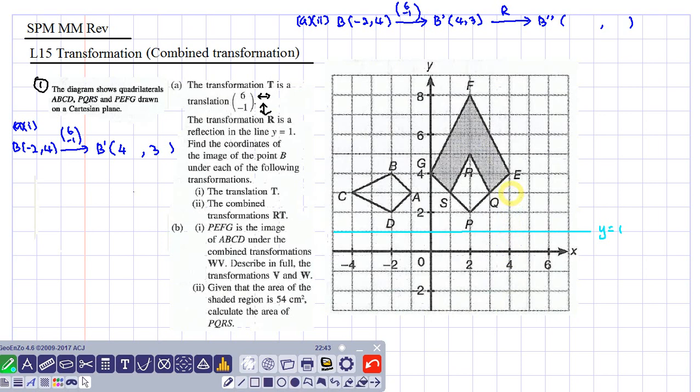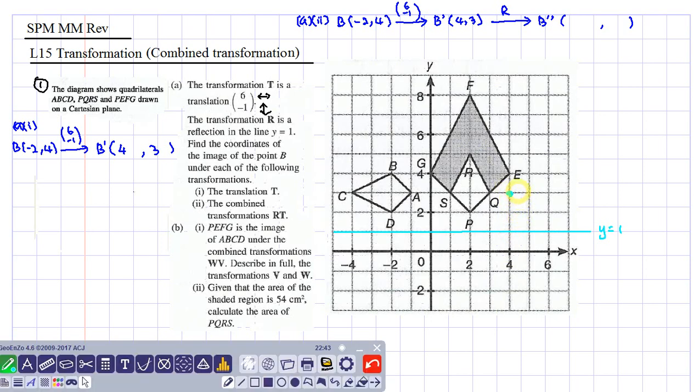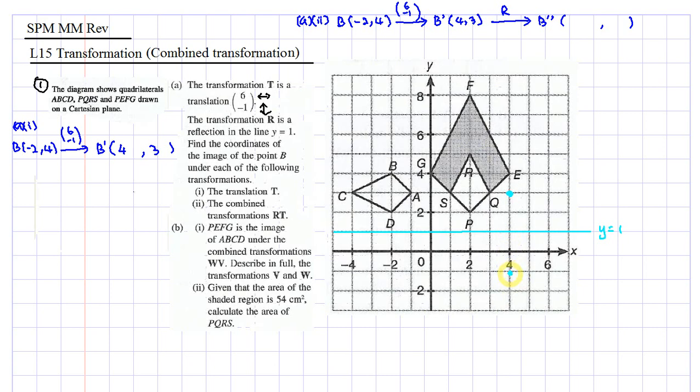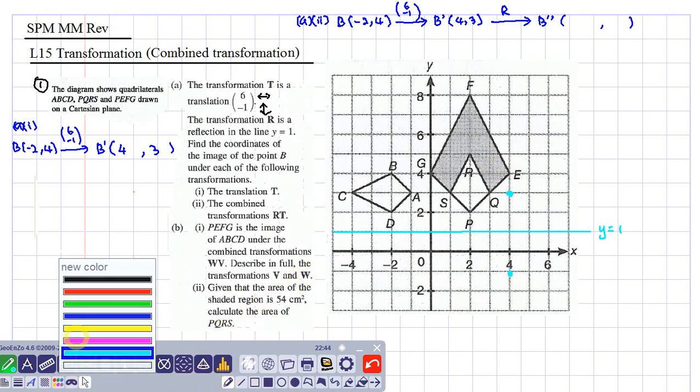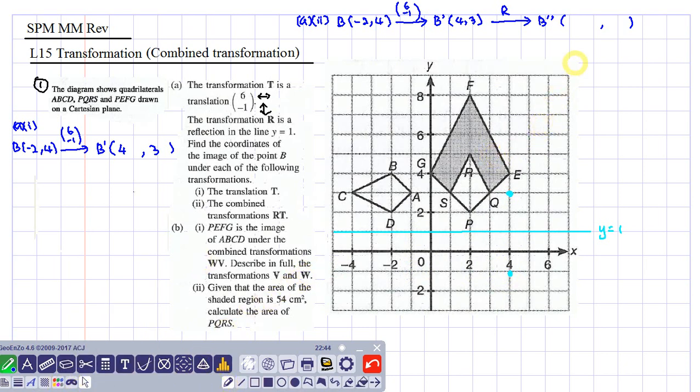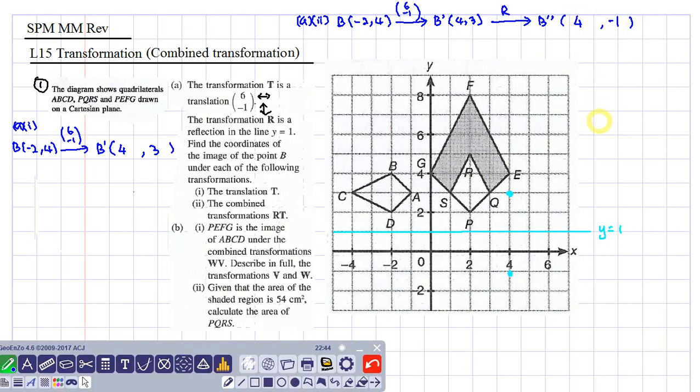If this point is reflected in this line, it will become 1, 2, 1, 2. So the final image will be here: (4, -1). Easy, right?